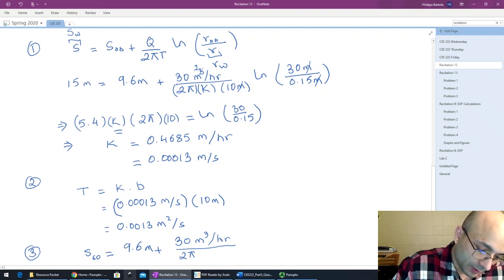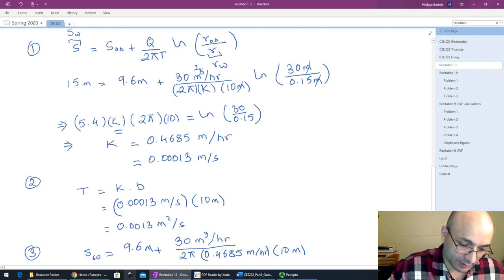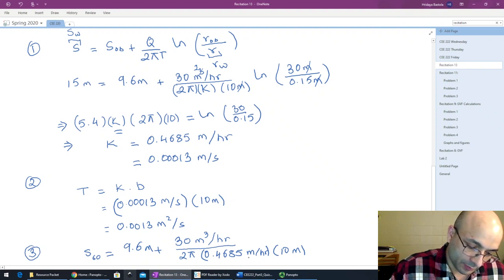So transmissivity was 0.4685 meter per second times 10 meters. Actually it was per hour, so this way the units are consistent. If we use per second here, we need to make sure our discharge is also in cubic meter per second.